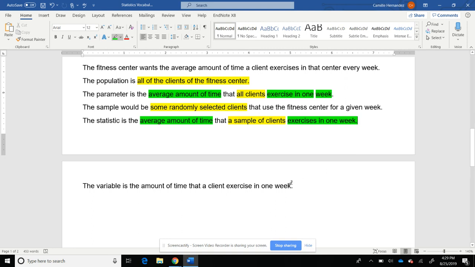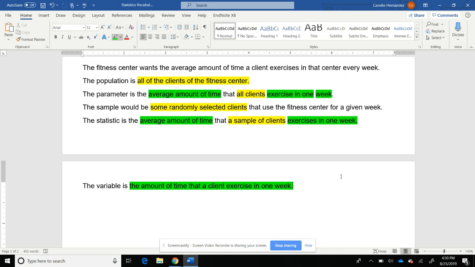Okay? And then the variable, remember, it's not the number of people, it's the amount of time a client works out. Why? Because say you and I and 2 other people we know go to the same fitness center. You may work out more than me, and even another person that we know might work out so much longer than the both of us.